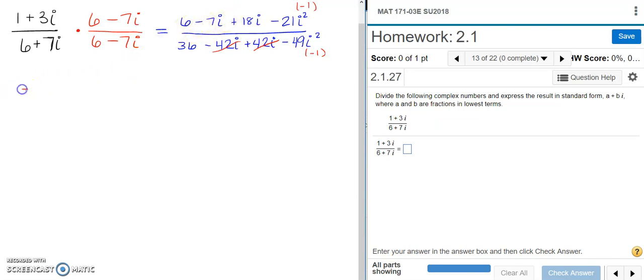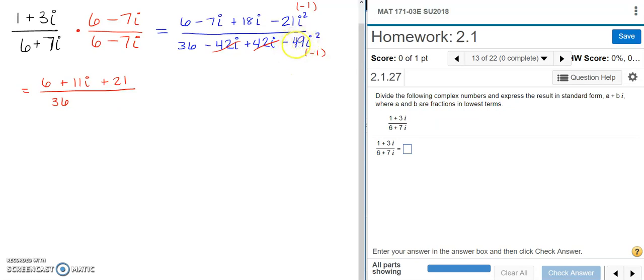So right now we have 6. Negative 7i plus 18i is 11i. And then negative 21 times negative 1 makes it plus 21, over 36.